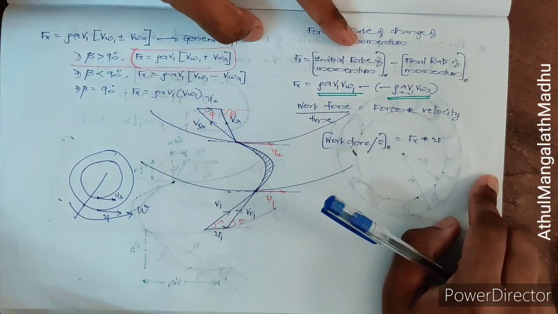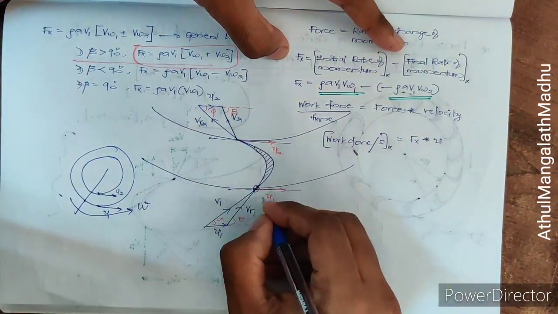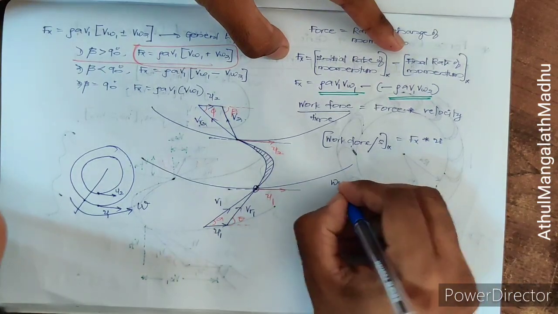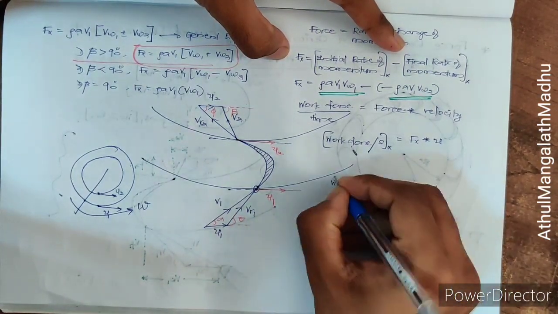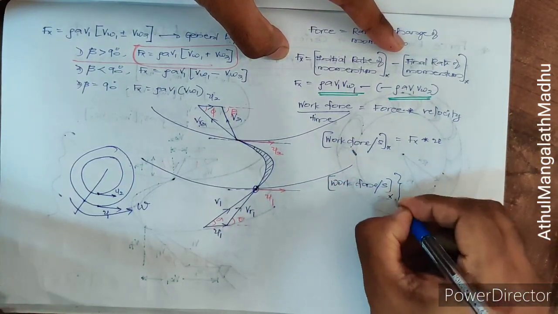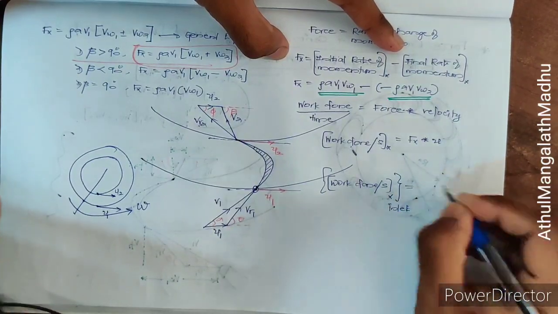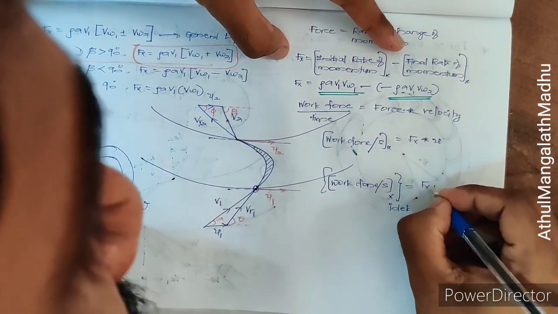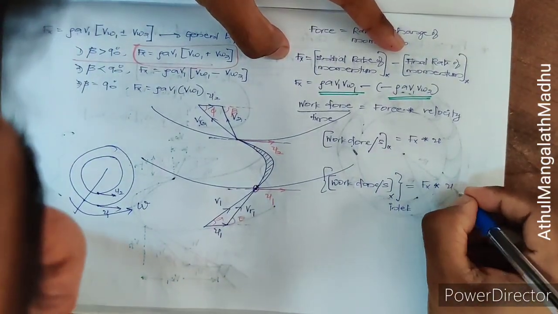So what happens at the inlet point? At the inlet point I need to find the work done. The work done per unit time in the x direction corresponding to the inlet will be equal to Fx multiplied by the tangential velocity at the inlet, that is u1.